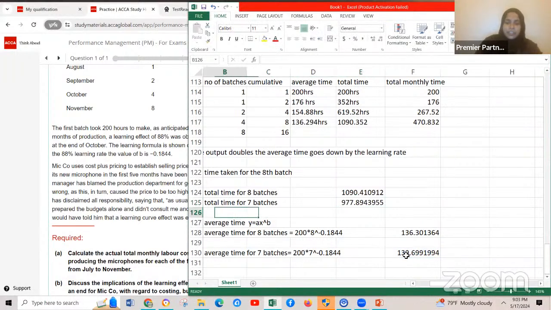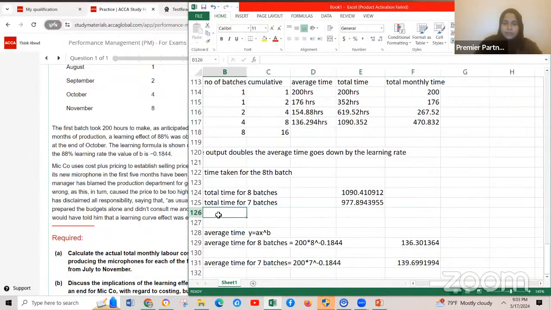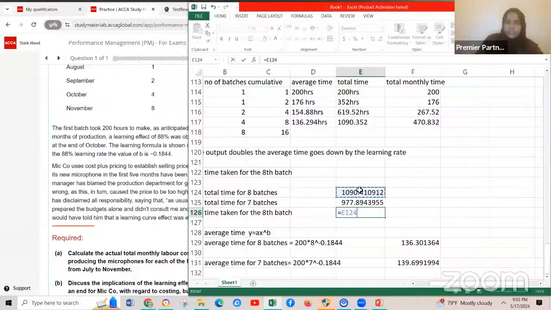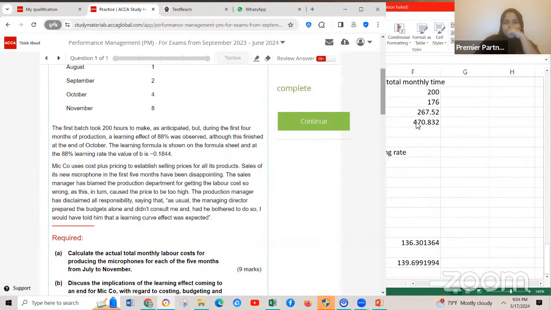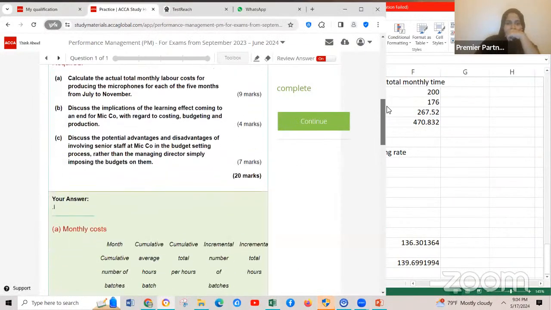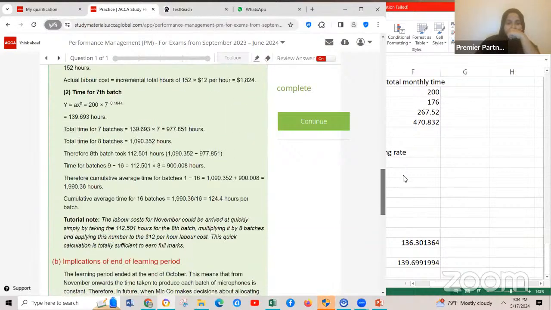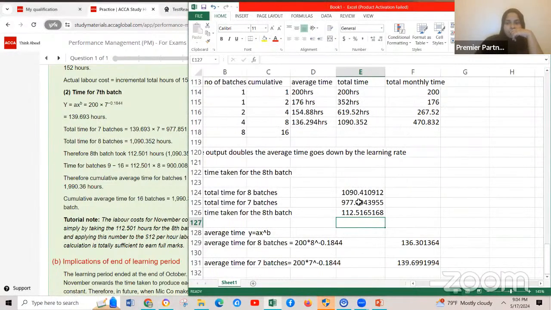So time taken for the 8th batch is 112 point 778.